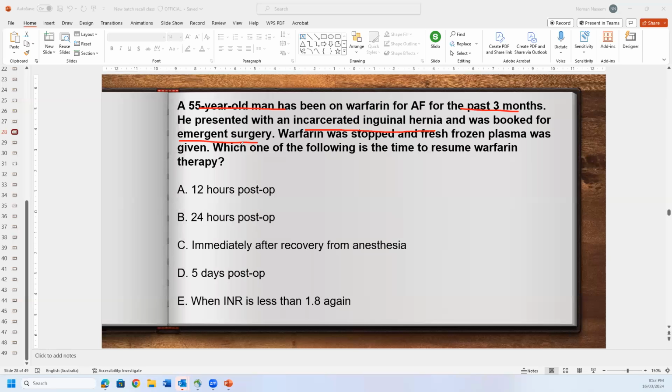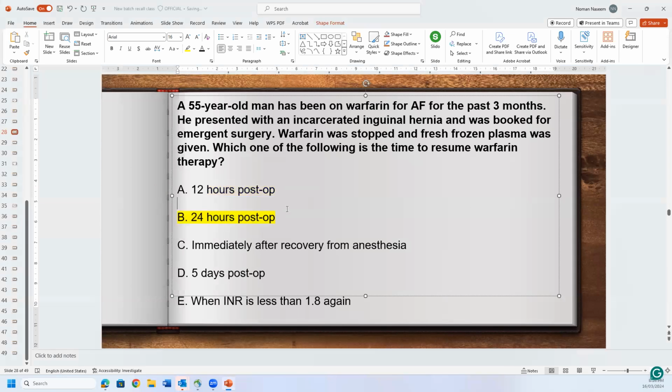And once the INR is established, we stop the Clexane and continue the warfarin with continued monitoring of the INR. This is the basic thing that we usually do. So the answer is 24 hours post-op, not the first 12 hours. Okay, clear, guys? So very easy.